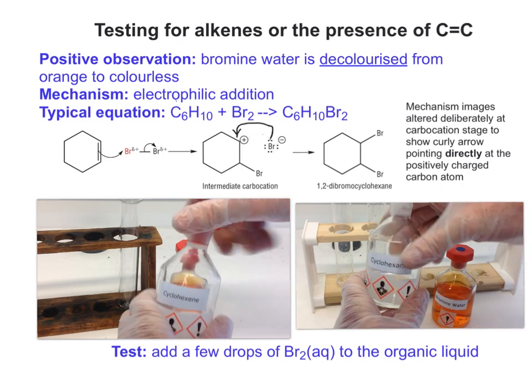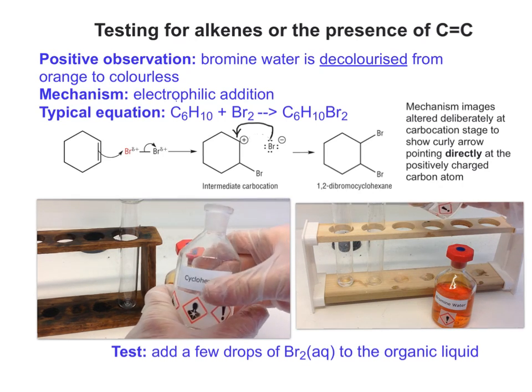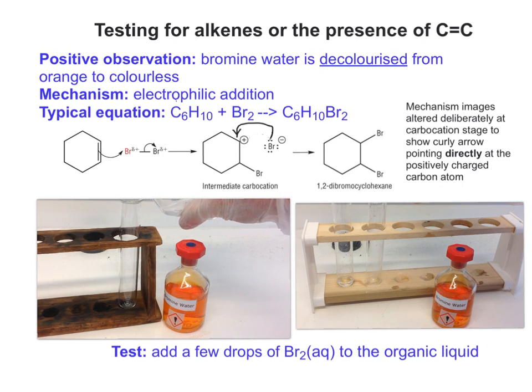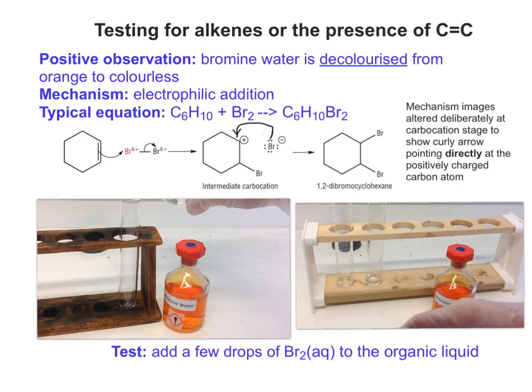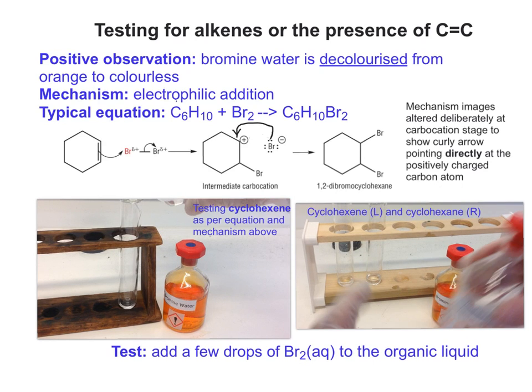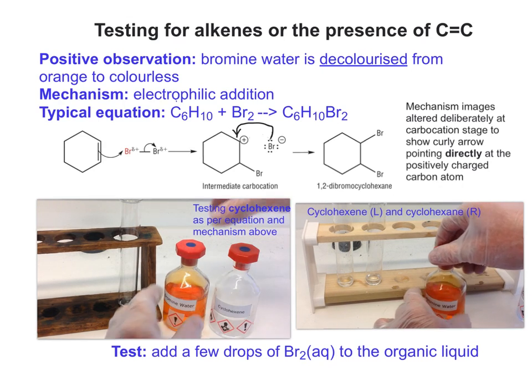So on the left hand side we have the cyclohexene being added to a test tube, and on the right hand side the cyclohexane being added to a test tube. So now on one side we've got cyclohexene, and on the other side we've got cyclohexane.